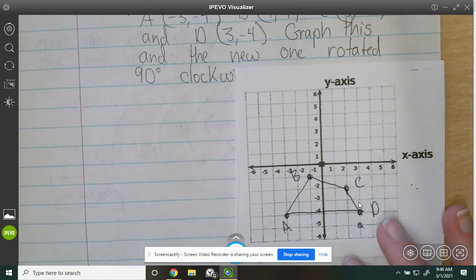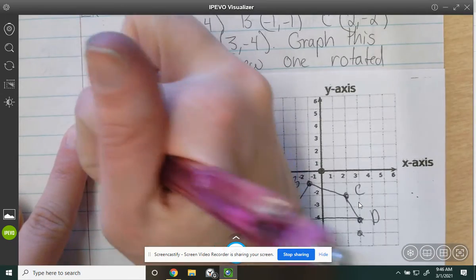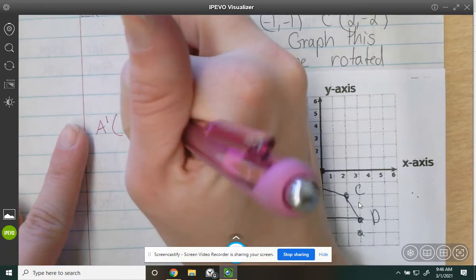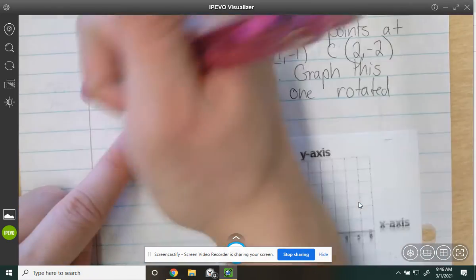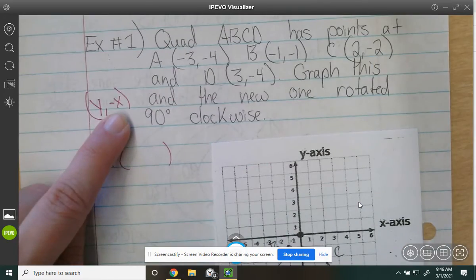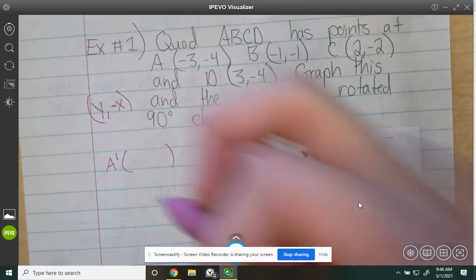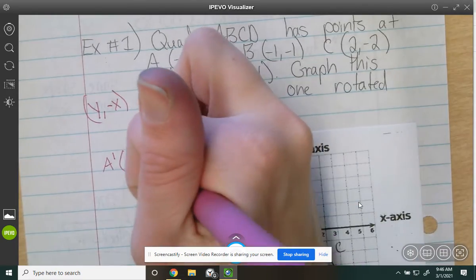I think the easiest way to do this is to write your new points off to the side. So I know A prime, and if I'm going 90 degrees clockwise, my rule is flip-flop and change my X. So if I flip-flop these, first would be -4, and then I have to change that one to a positive.